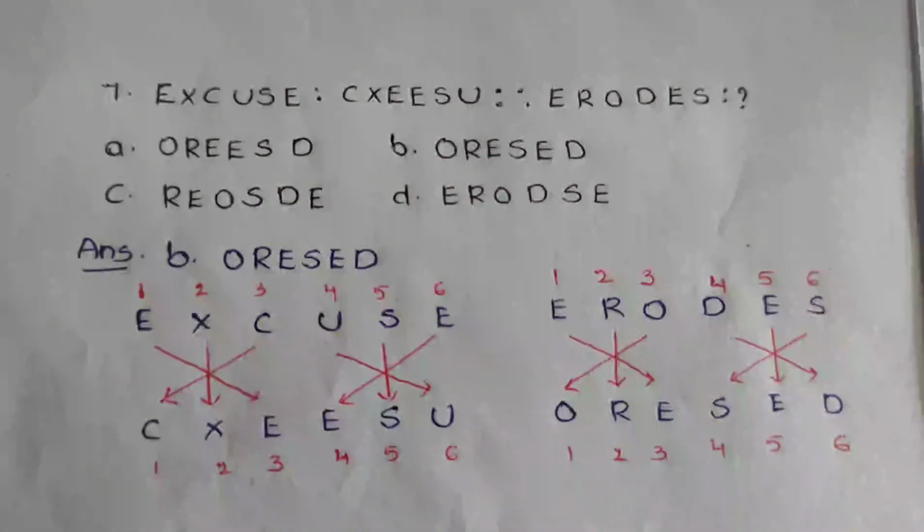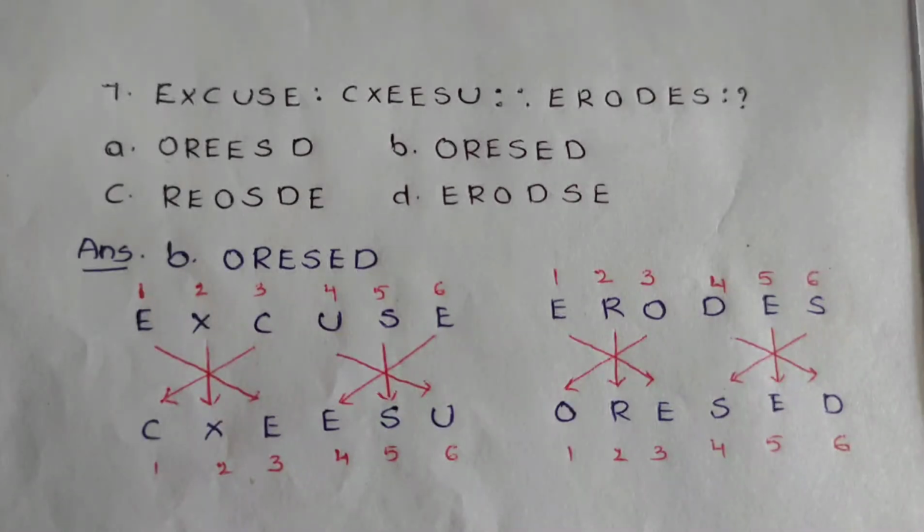So here if you see, I have split the letters and written the first set as EXCUSE, and the answer is CXEESU. Here if you carefully observe, the first set contains 6 letters, and these 6 letters are categorized into 2 pairs. The first pair is EXC, and the second pair is USE.